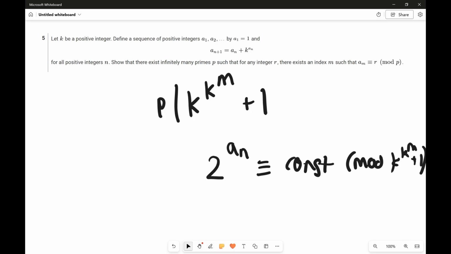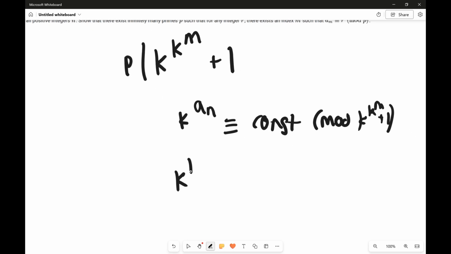But the problem here is that this should be a k, sorry. But the problem here is that k to the m is equivalent to negative 1, not positive 1 as we'd like it to be. So if we want it to be positive 1, modulo some number, then we want it to be minus 1 here.